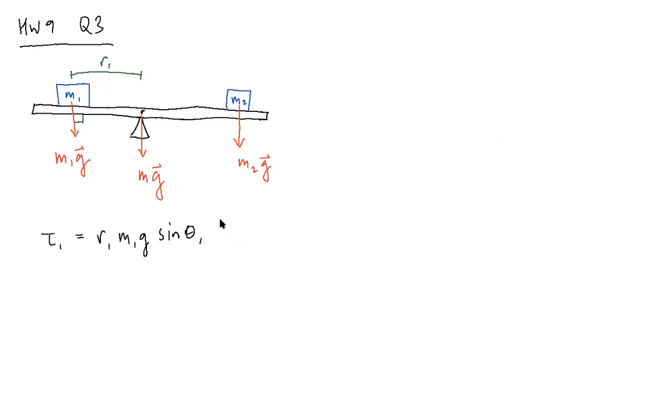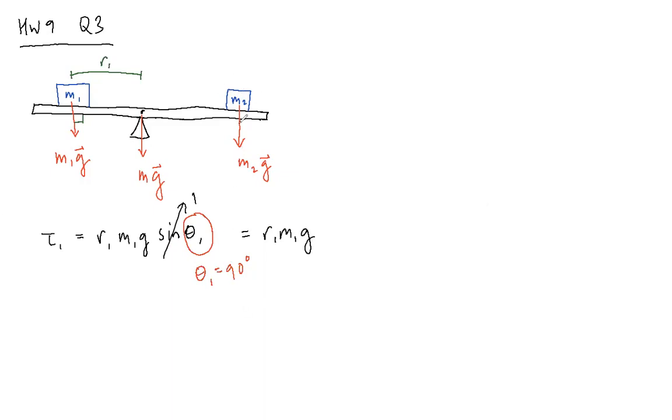So we have R1, but theta 1 equals 90 degrees, and the sine of 90 degrees is just 1. So this part just becomes 1, and the torque that this child produces is R1 m1g.